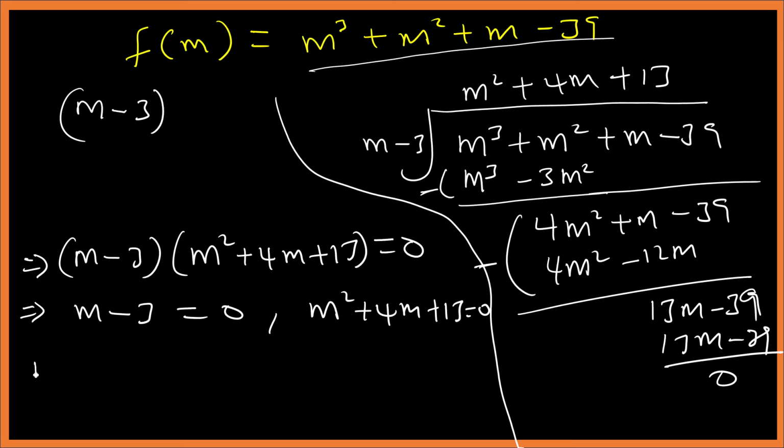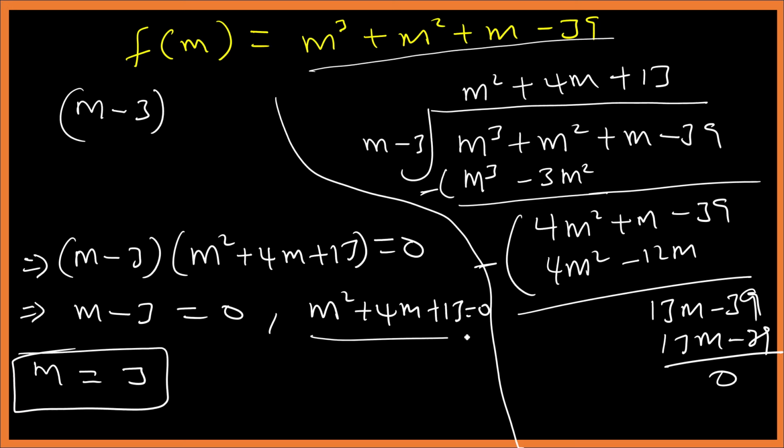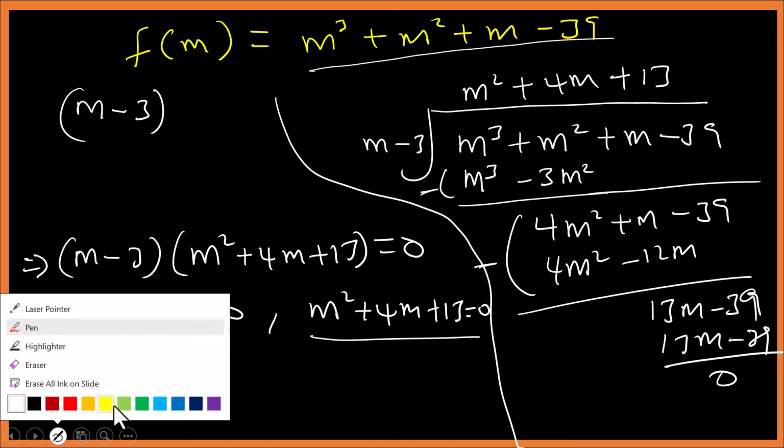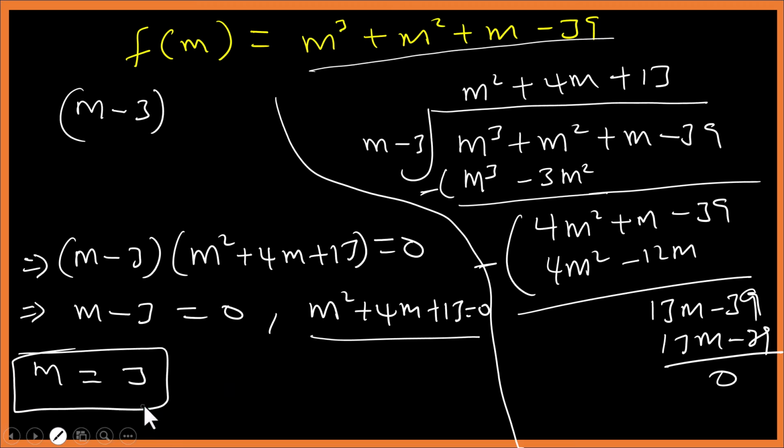So the first answer is m equals 3. That's the real solution. Now let's look for the other two solutions as we compare this with the general quadratic formula. So we have am squared plus bm plus c. So a is 1, b is 4, and c is 13.